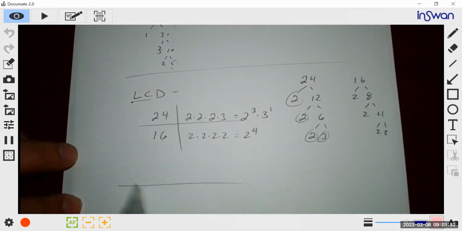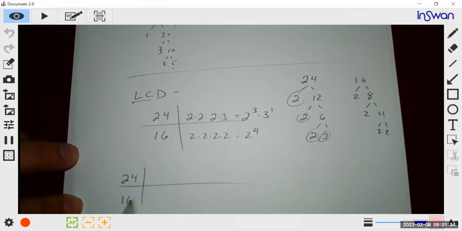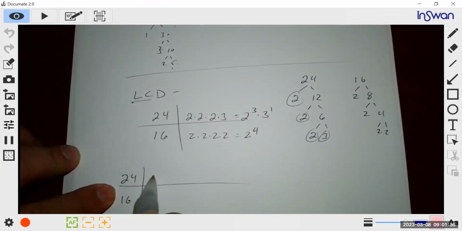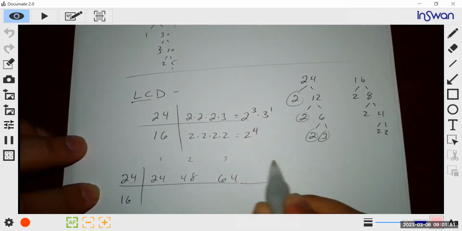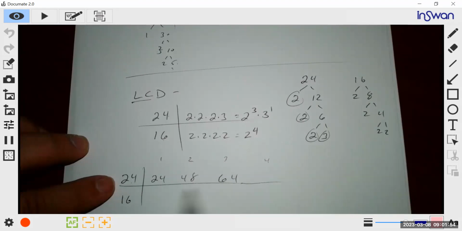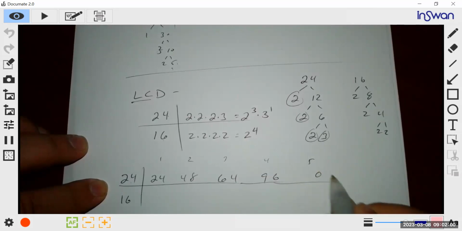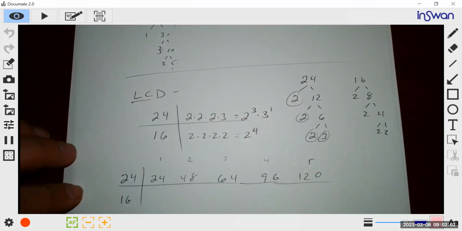If you look at it, 24 and 16: 24 times 1 is 24, 24 times 2 is 48, 24 times 3 is 72, 24 times 4 is 96, 24 times 5 is 120.